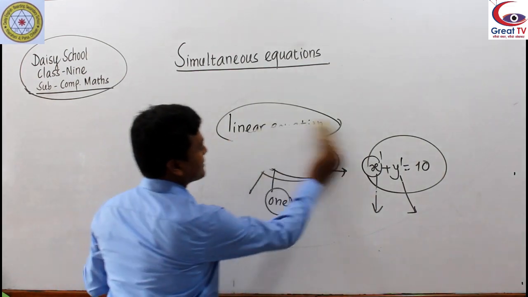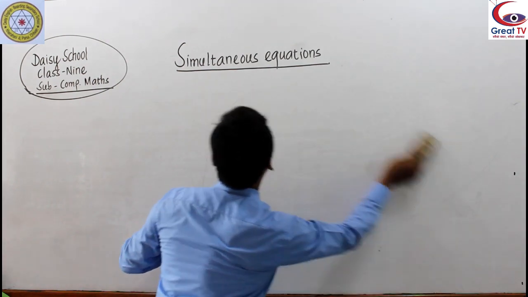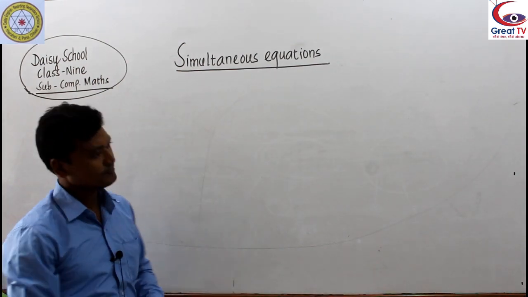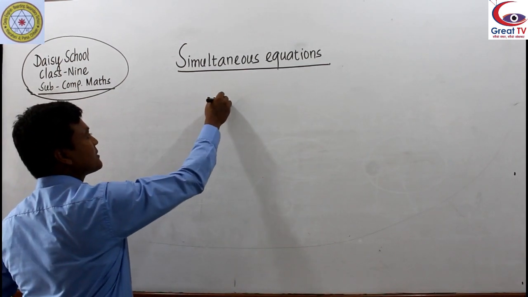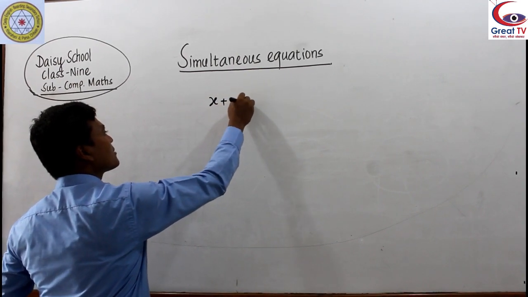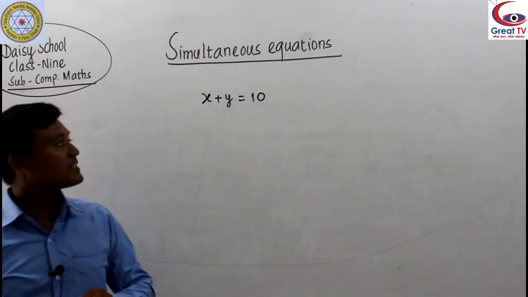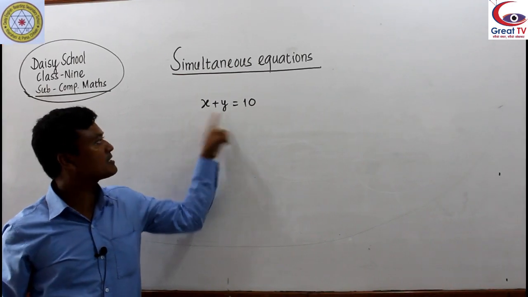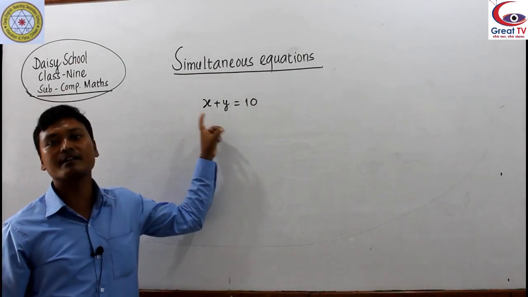So let us define simultaneous equations. I am writing one example, x plus y equals 10. It is a linear equation. How many variables are here? Two, x and y.